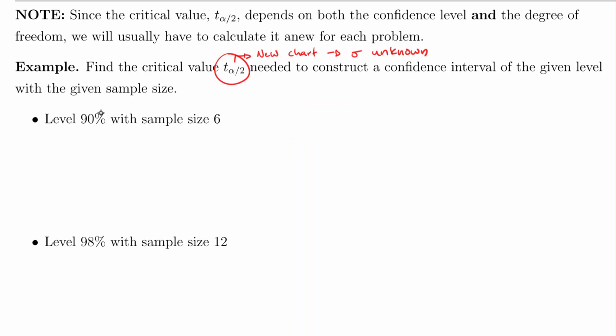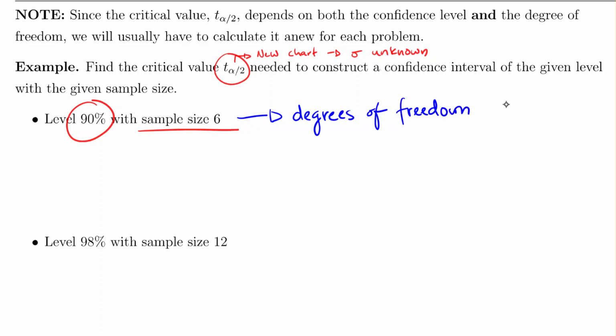And here it says we have a 90% confidence level, and our sample size is 6. Now from the sample size, before I forget, because this would be my most common error, I'm going to say the degrees of freedom is not 6, but instead it is 1 less than 6. So I could write 6 minus 1, or we know that to be 5. So I'm interested in the critical value that corresponds to a confidence level of 90% and degrees of freedom of 5.